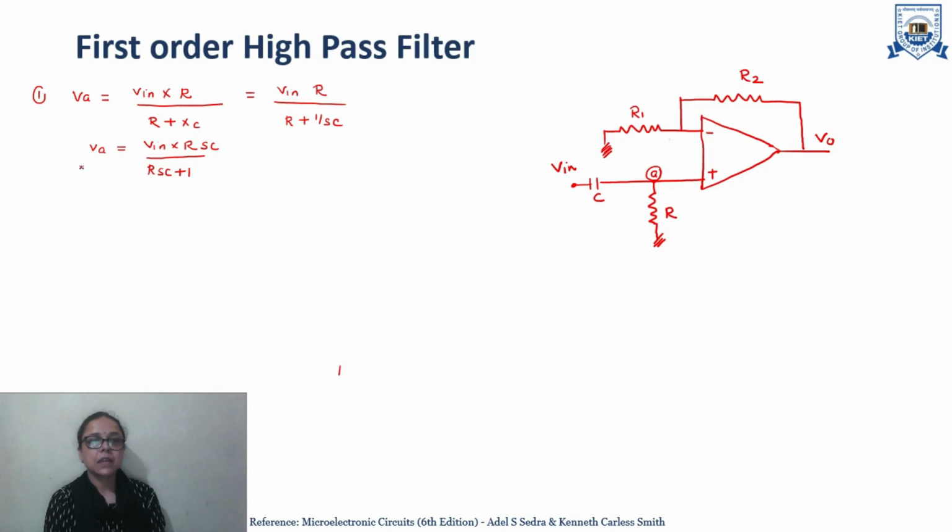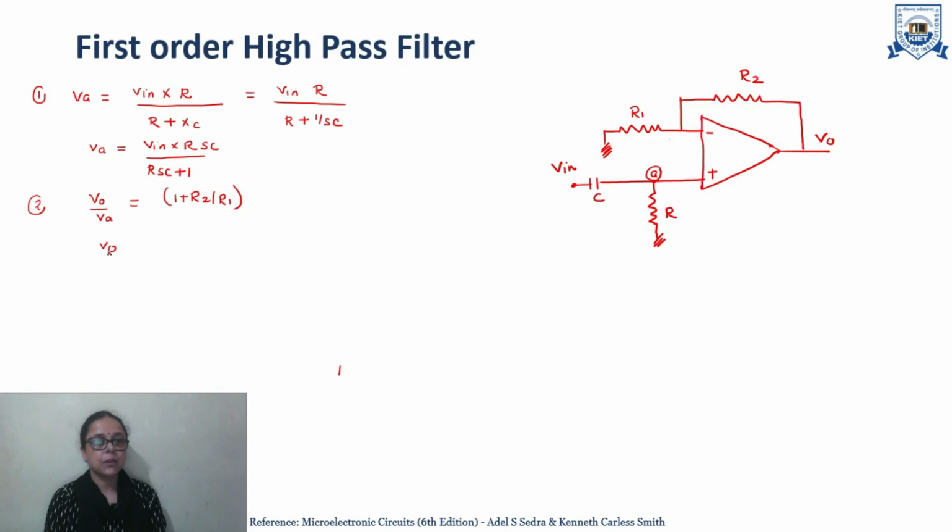Now, once we have calculated VA voltage, again this will be a non-inverting amplifier with input as VA. So, the second step, VO upon VA, is given by 1 plus R2 by R1, and from this expression put the value of VA.